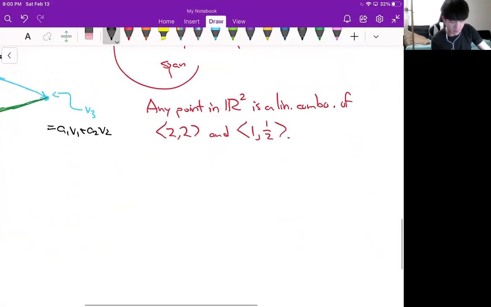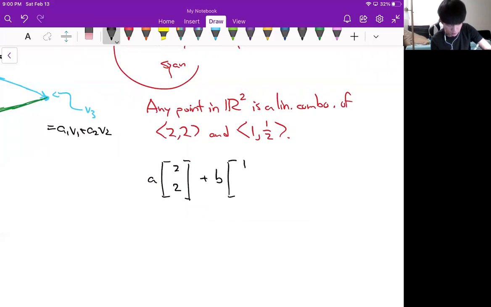So then, if that were the case, and I'm going to start writing them as column vectors now, a times (2, 2) plus b times (1, 1/2) is equal to, let's say, (0, 7). And I bet you I can find you a and b that do that.